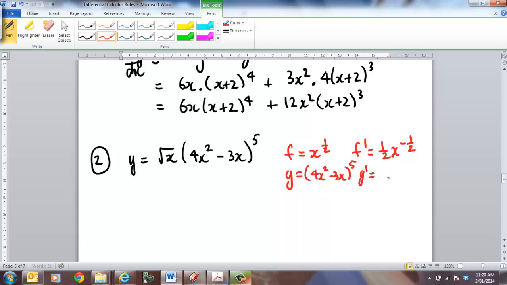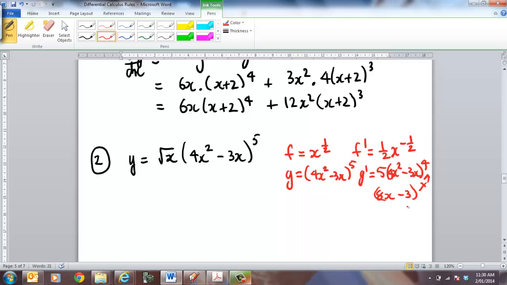My g dash is going to be 5 (4x squared take 3x) to the power of 4, and then I have to times that by 8x take 3, so that's got to be times up there.